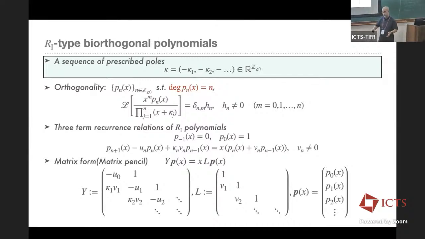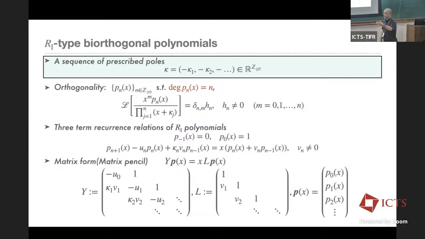So here, we don't introduce the epsilon extension; only the Laurent case can be extended to the R1 type. In this case, the polynomial system has orthogonality with respect to a rational function. So here we can introduce poles, kappa_j, which are prescribed poles.